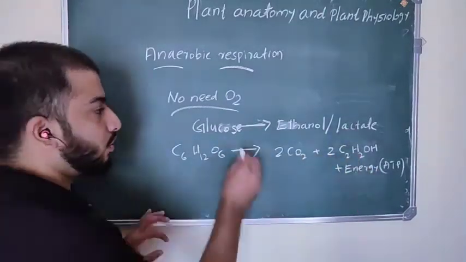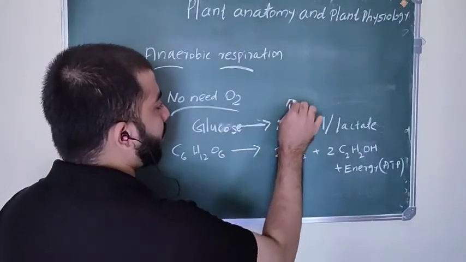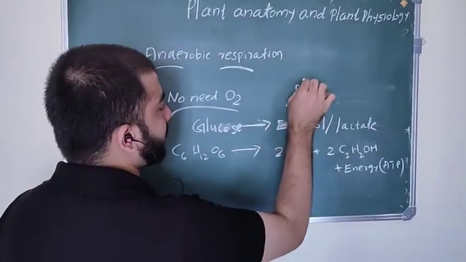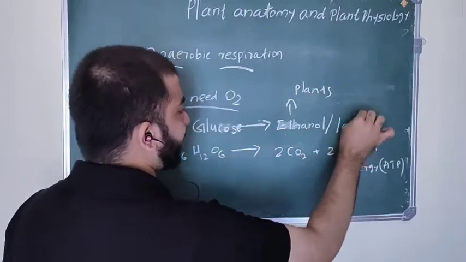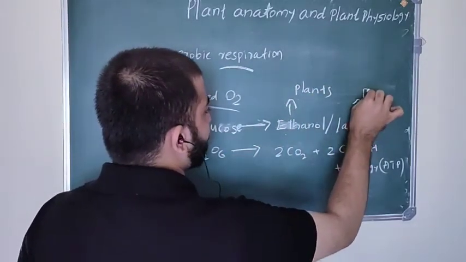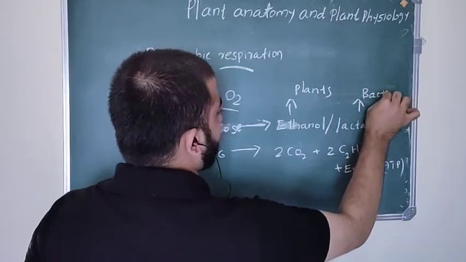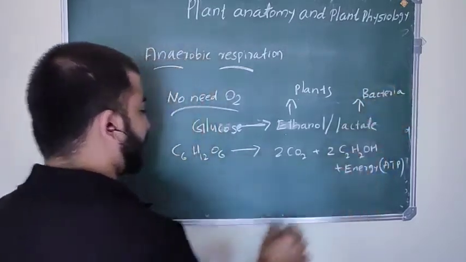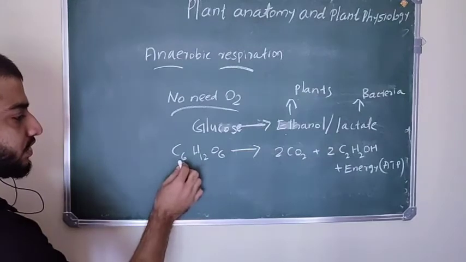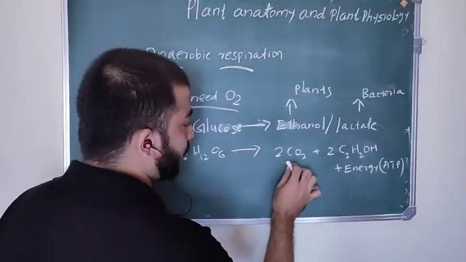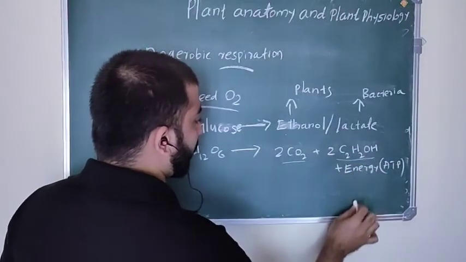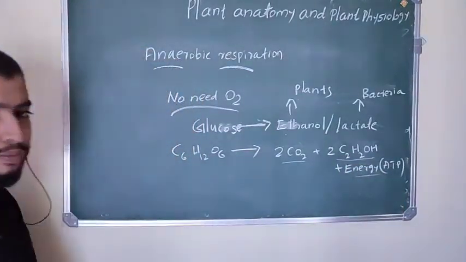So glucose converted into ethanol is the type of anaerobic respiration present in plants, and glucose converted into lactate is the type present in bacteria, and they release energy. So this is the equation: C6H12O6, that means glucose, is converted into carbon dioxide and ethanol, and finally energy as ATP is produced.